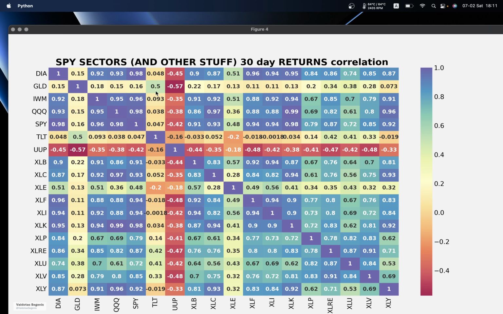Okay, and the third thing I look into in these matrices is the overall SPY sector correlation. Basically, how highly all the sectors are correlated to one another and to the index itself, to SPY, and so on.